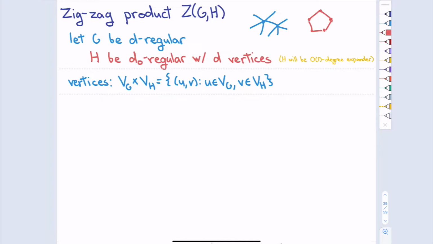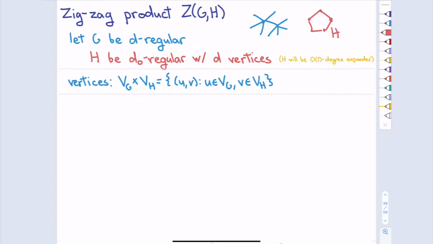So the number of vertices in H is going to match the degree in G. Instead of 5, it might be more like 100 or something, but still, H is in general much smaller than G. The number of vertices in H is not asymptotically large like N or something. Okay. So the set of vertices is just going to be the product of one vertex from G and one vertex from H.